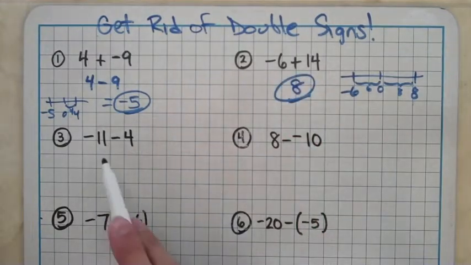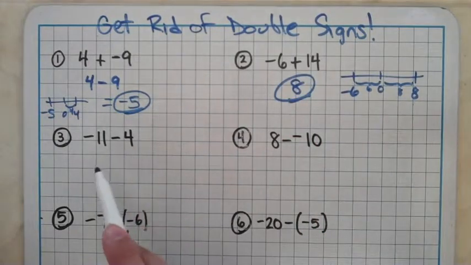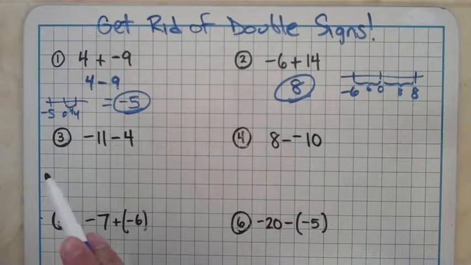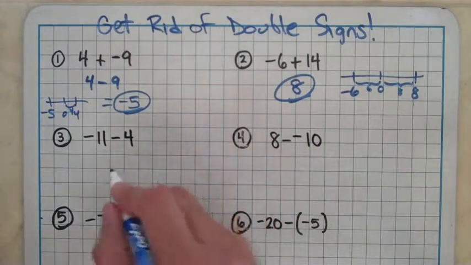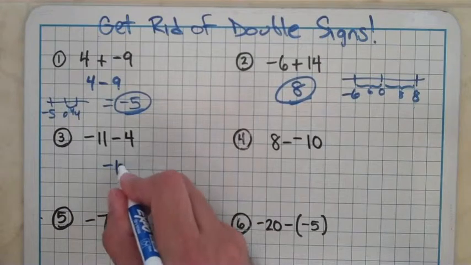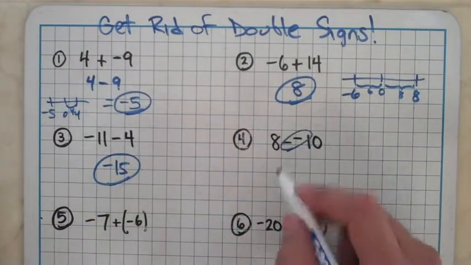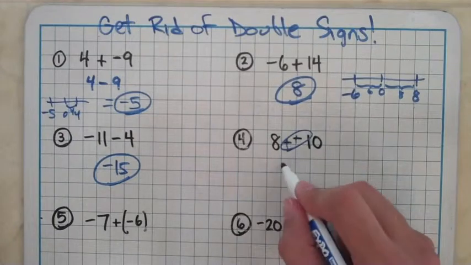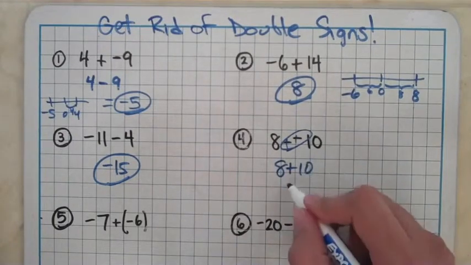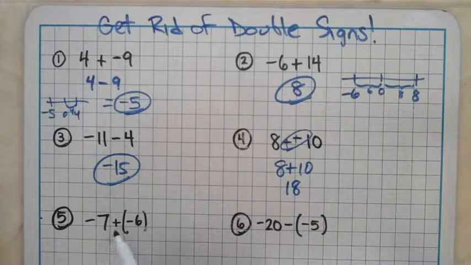Next problem, I'm at negative 11, going down 4. If I go negative 12, negative 13, negative 14, negative 15 for this third one. 8 minus negative 10, I don't like that double sign there. Minus negative is the same thing as plus a positive. It's just 8 plus 10, which is 18. Negative 7 plus negative 6.